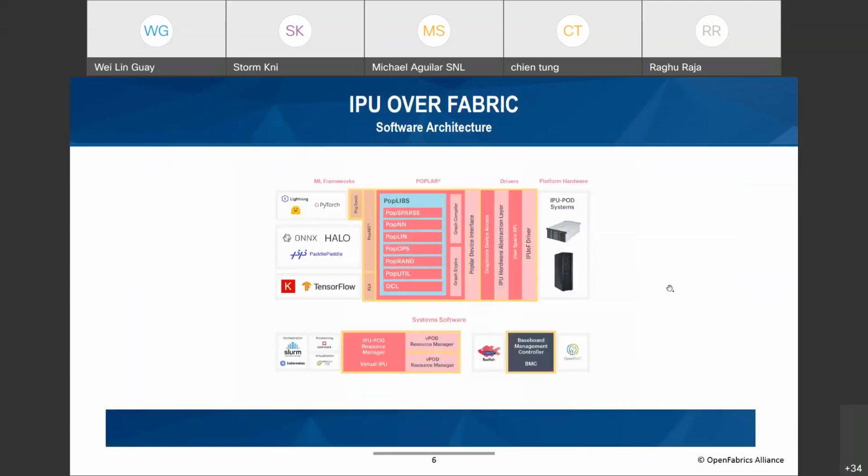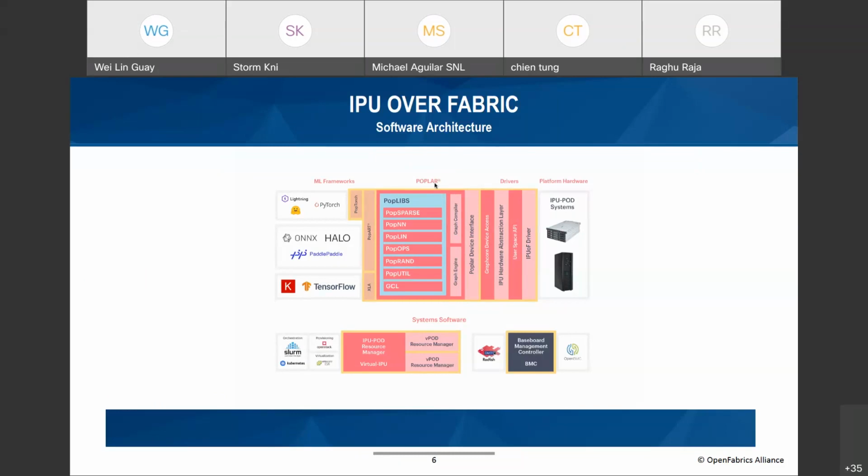Now that we have seen the platform, we can move to the main topic of this talk, which is the IPU over Fabric software. I'll begin by looking a little bit at the architecture. We see the Poplar framework in the middle there, and that's the software that glues the ML frameworks with the M2000 systems.